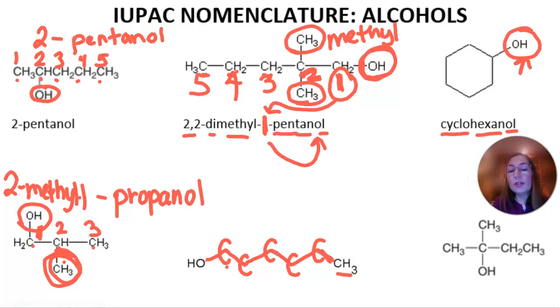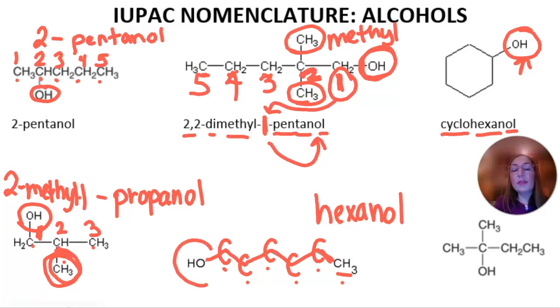So the OH is on a total of 1, 2, 3, 4, 5, 6 carbons. They just happen to be in a zigzag. So 6 carbons is going to be hex instead of hexane. We're going to call it hexanol because it started with this alcohol, and that alcohol is on carbon 1, carbon 1 of the 6 carbon chain. So we've got 1-hexanol.